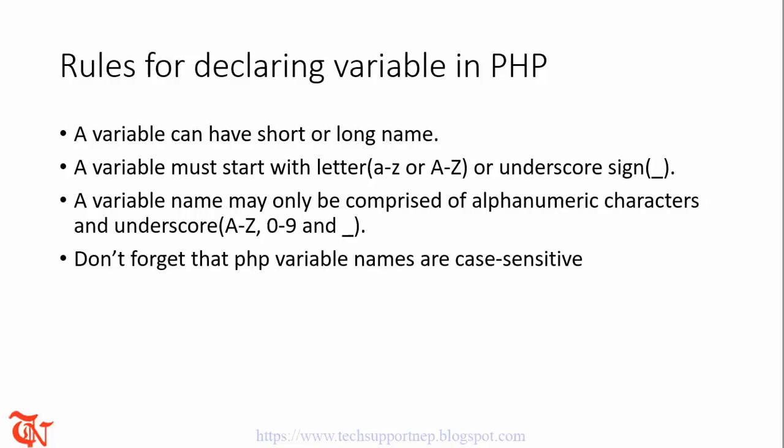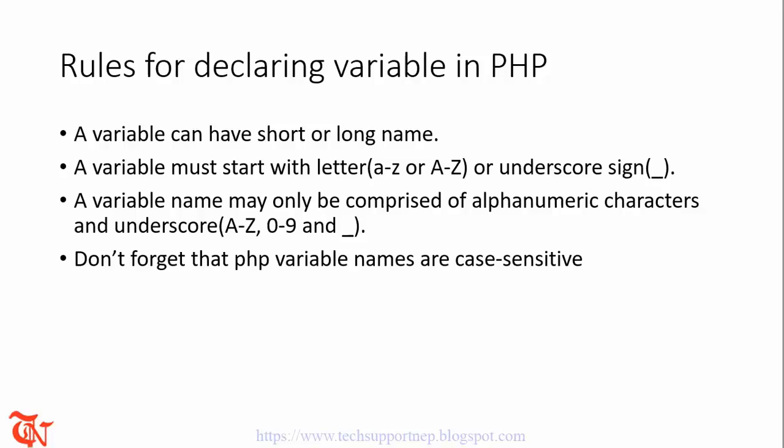Rules for declaring a variable in PHP. A variable can have a short name or a long name, but a variable name of 32 characters is sufficient for us, so don't use a variable name above 32 characters.